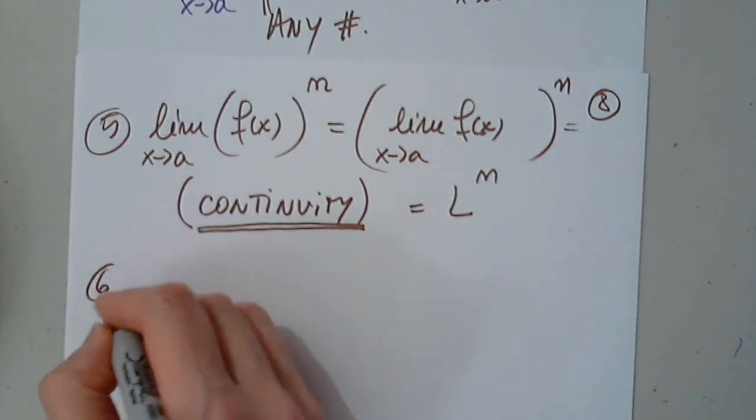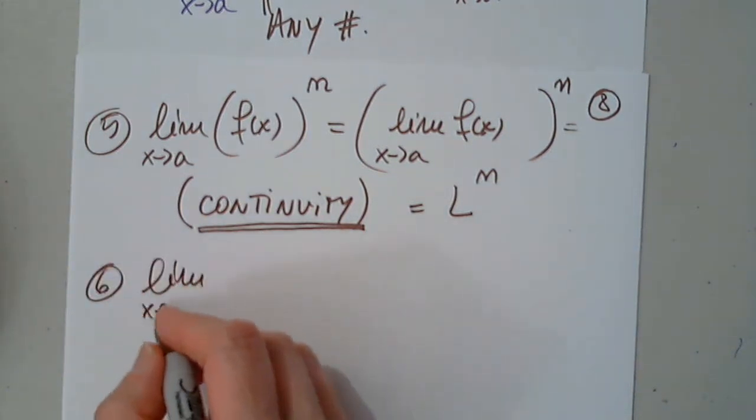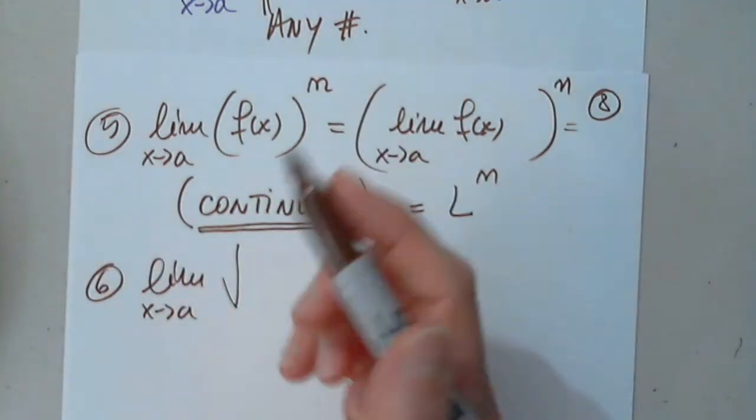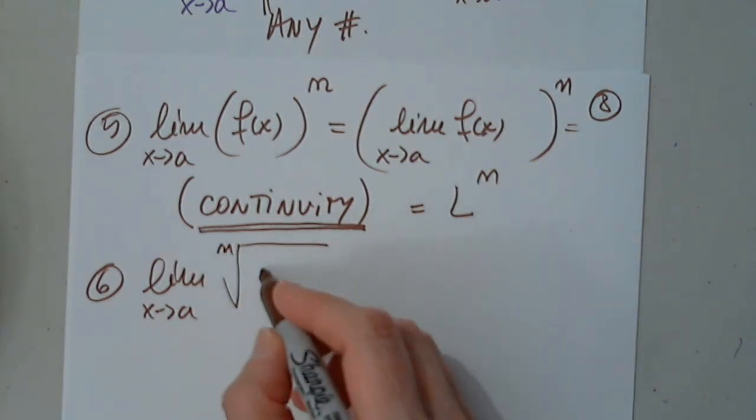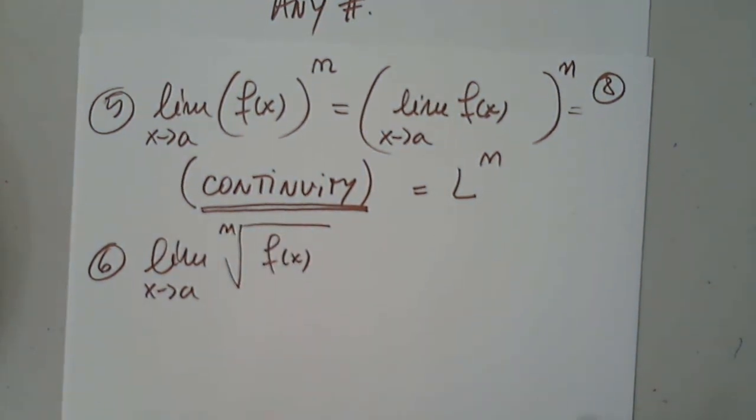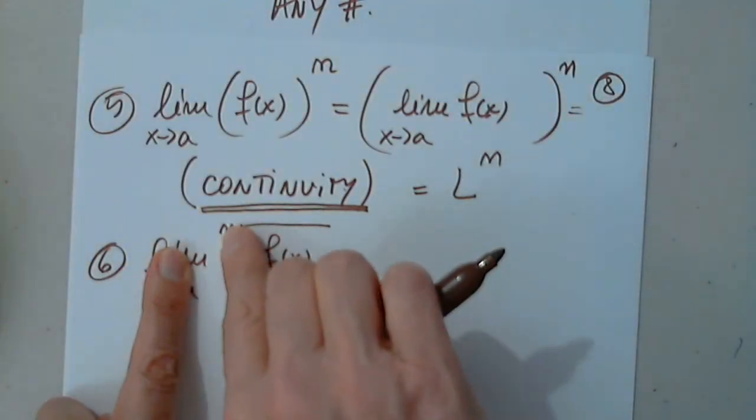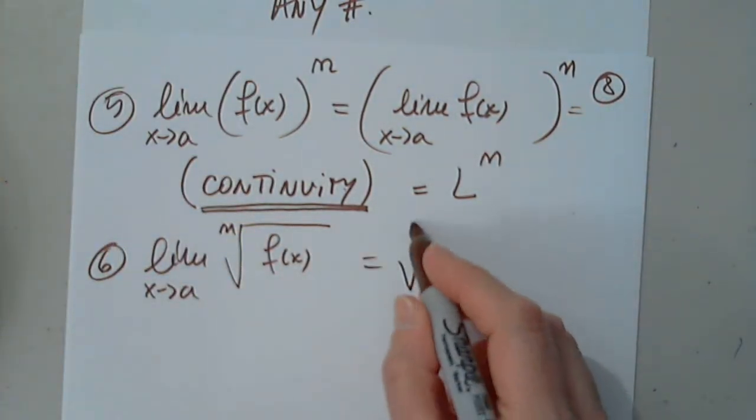And last one, I promise. The limit as x approaches a, the same idea, but the nth root of f of x. Still under continuity, operator 2, operator 1. I'm going to swap them.